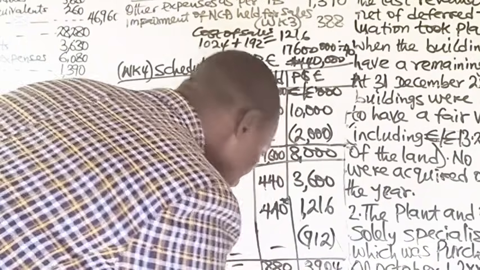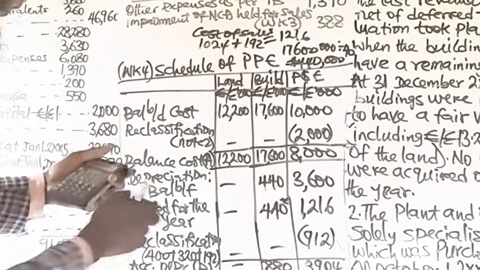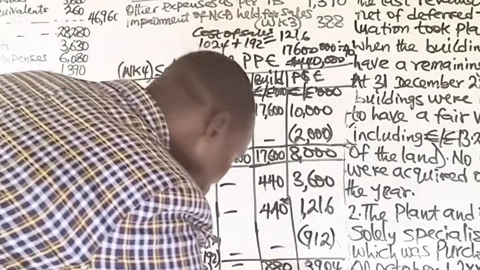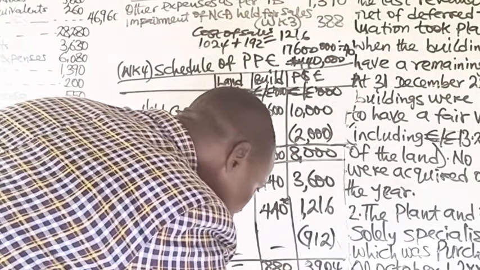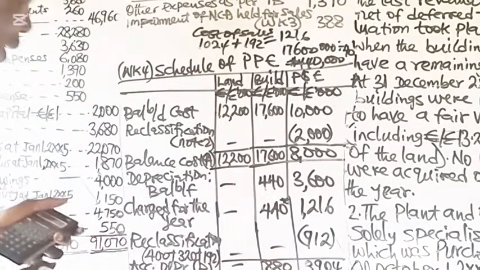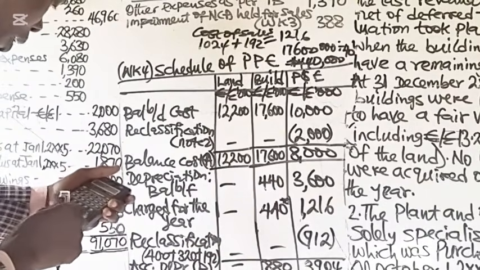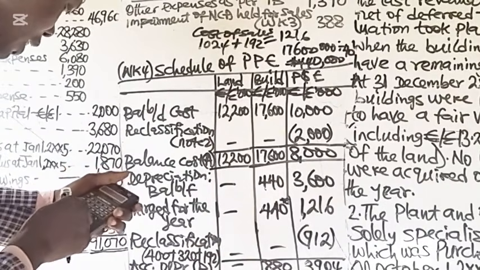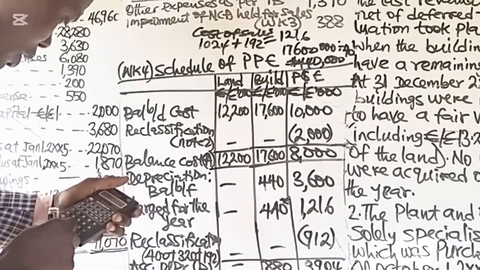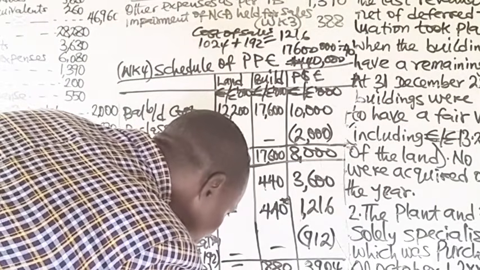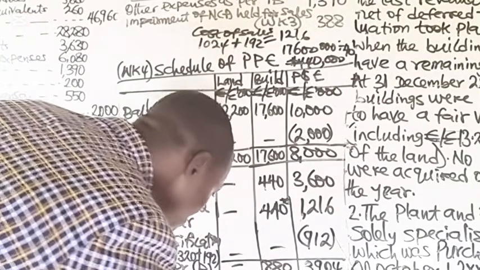3904. If you subtract 3904 from 8000, we have 4096. Then 17600 minus 880. So this gives us 16720.